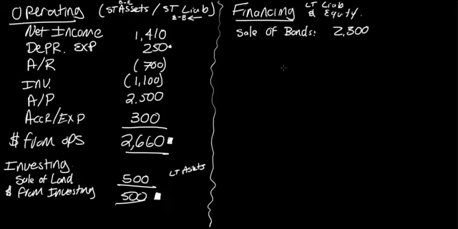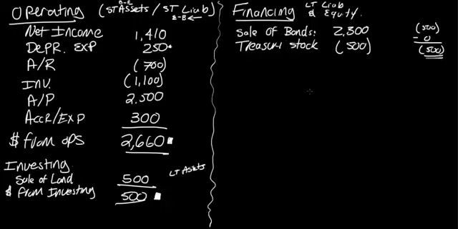My common stock has not changed. My preferred stock account has not changed, but my treasury stock has. So again, let's follow the formula, ending minus beginning. So a negative 500 minus a 0, that number is a negative 500. Okay, so we are going to have a negative number for our treasury stock.